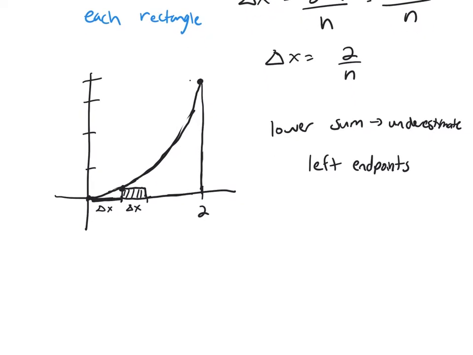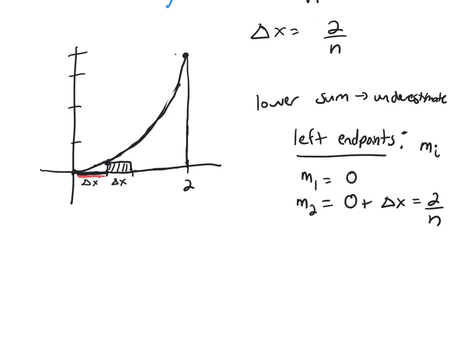So I'm going to call these left endpoints m sub i for the ith one, and let's see if we can figure out a pattern. For the first rectangle, m1, I'm going to pick the left endpoint, which would be 0. For the second rectangle, m2, I started off at 0 and then added this distance of delta x, so 0 plus delta x, i.e. delta x, which is 2 over n.